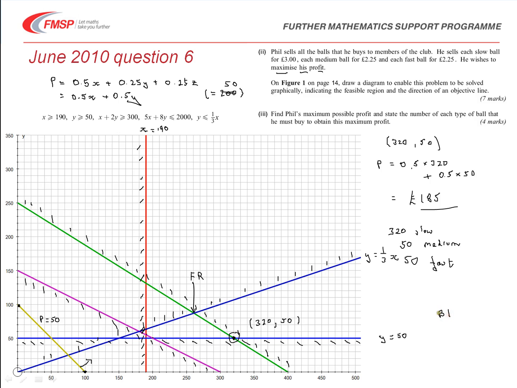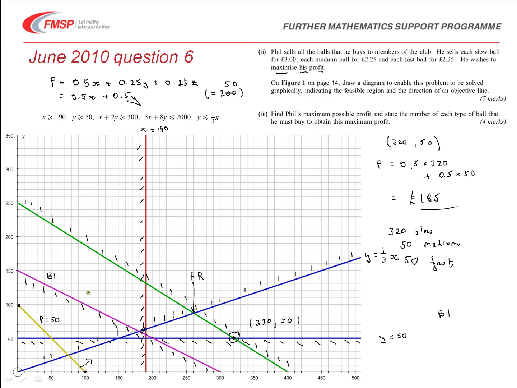The fact that they go through 0, 150 and they go through 300, 0, that pink line there and there, that will give you a mark.